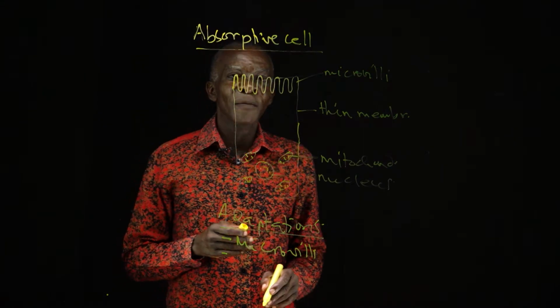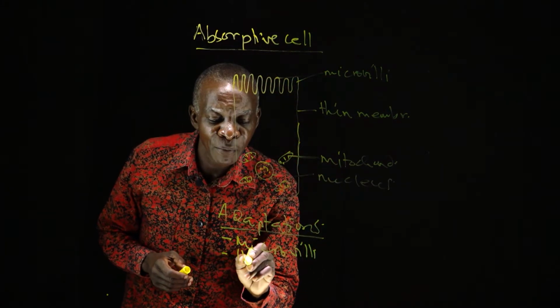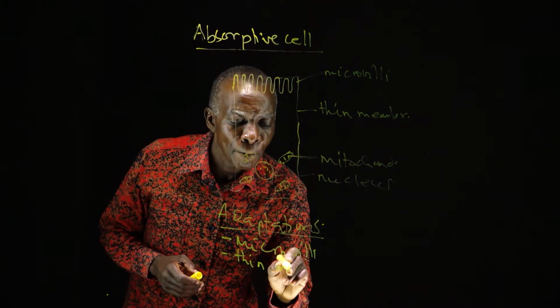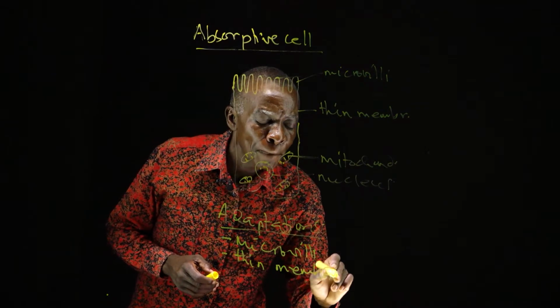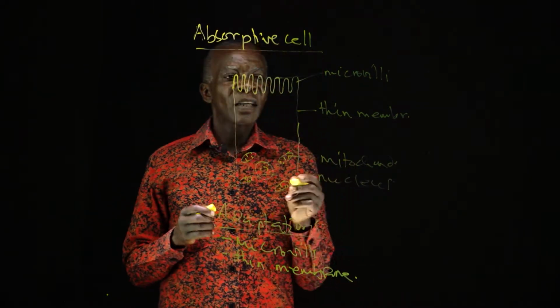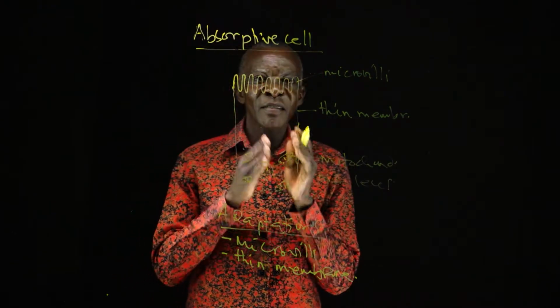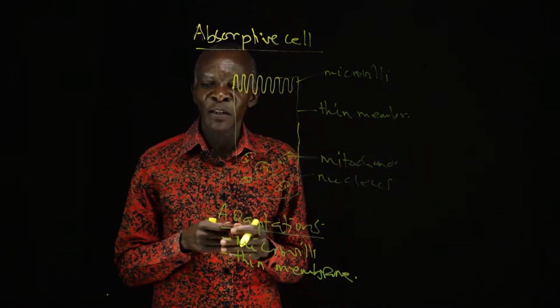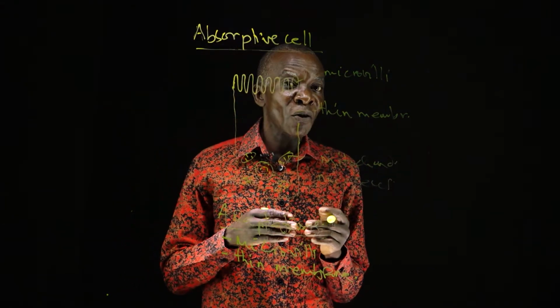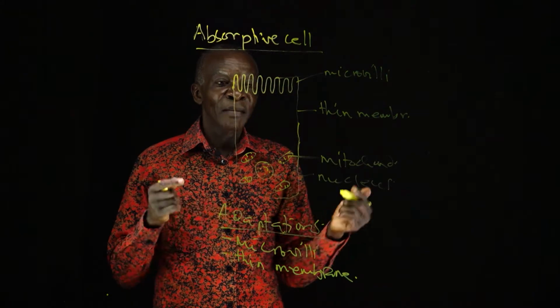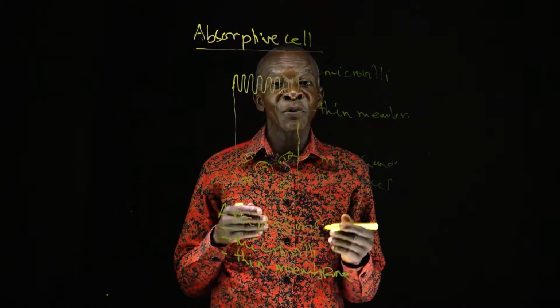The second one is the presence of a thin membrane. The thin membrane reduces the distance across which the diffusing materials have to move. So the thinner the membrane, the more rapid is the rate at which diffusion takes place.